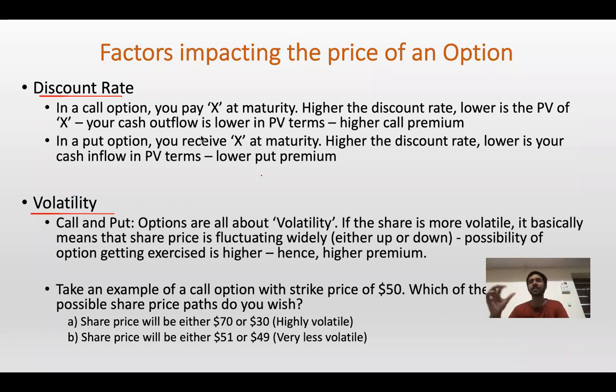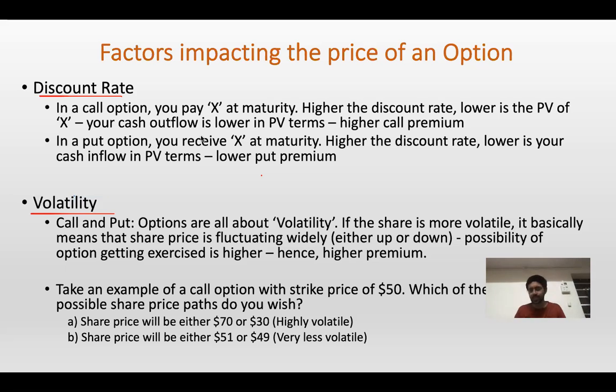Now, the higher the discount rate, the lower the present value, in terms of lower cash inflow in present value terms. And you dislike it, correct? If you have a lower discounted cash inflow in present value terms, that is a poorer option. For a poorer option, you would pay less premium.